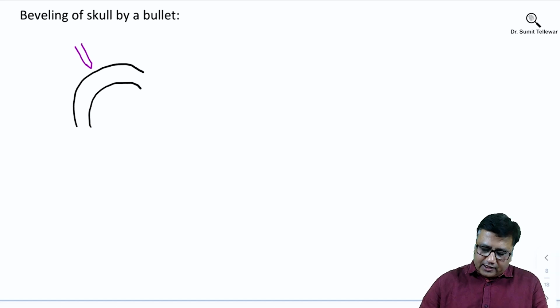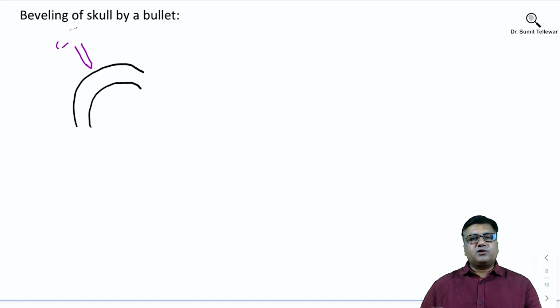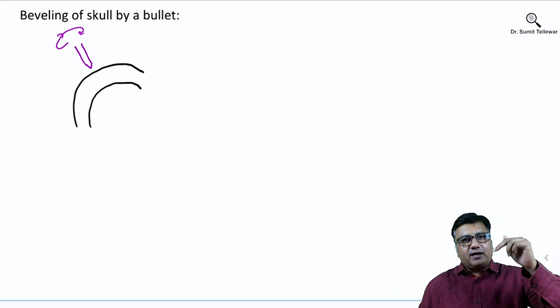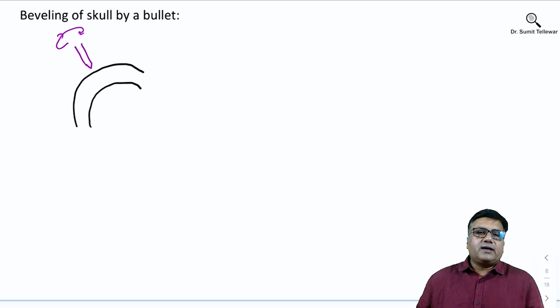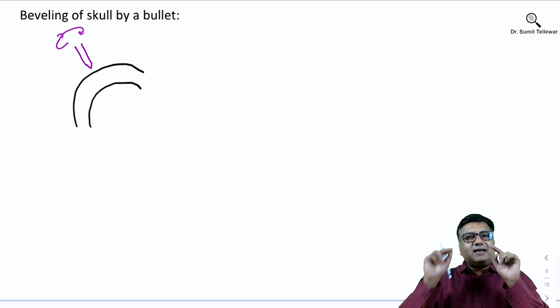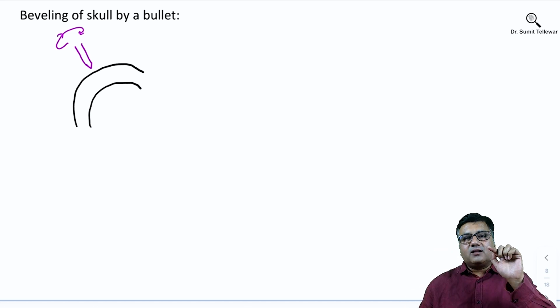And this bullet is revolving on its axis also, because when we fire a rifled firearm, it comes revolving towards the target. So when this bullet is going to enter through the cranial bone, it's going to drill through the cranial bone. That drill is going to create a hole in the cranial bone.